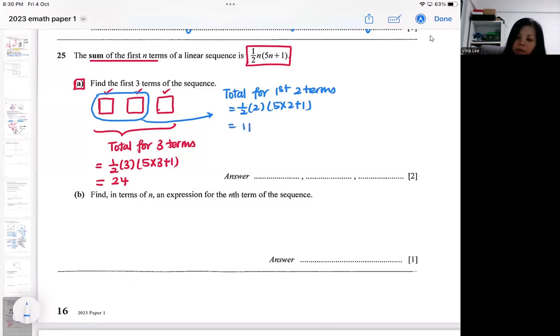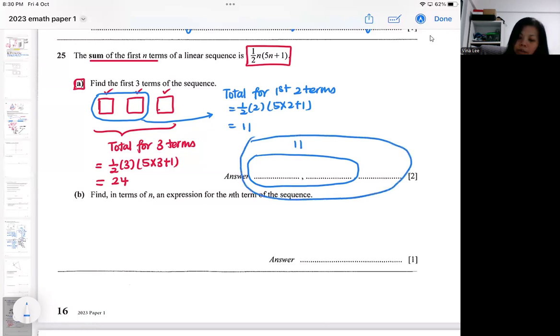So you think about it. Now you've got 3 numbers. These 2 add up to 11, and this whole thing adds up to 24. So if you think of it this way, you can find the 3rd term. The 3rd term will be 24 minus 11, which is 13.